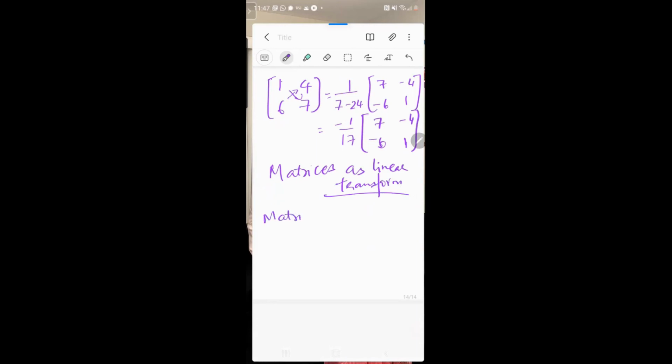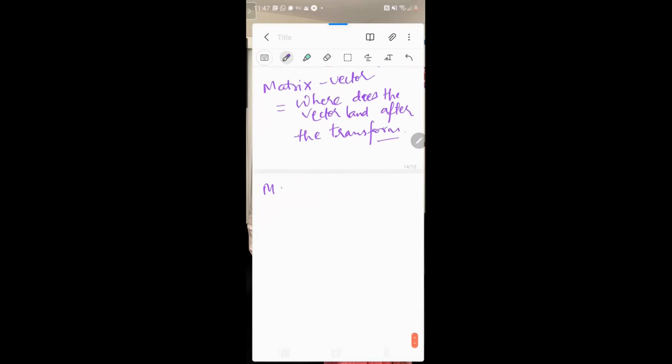Matrix vector multiplication is just where the vector lands after the transformation, and matrix multiplication is where the vector lands after two transformations.